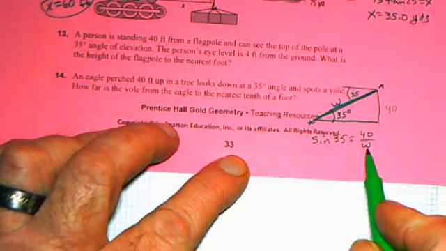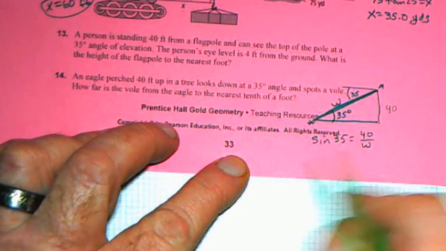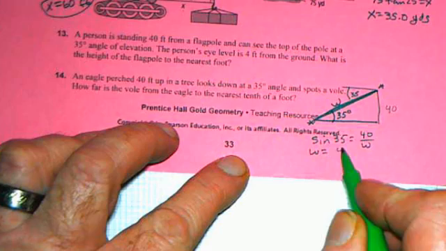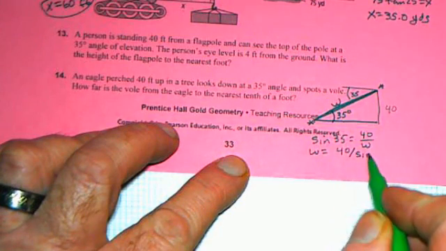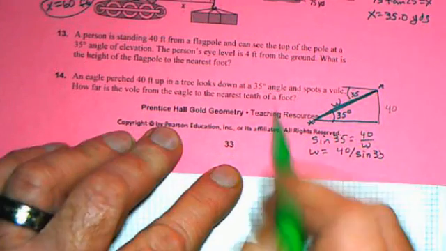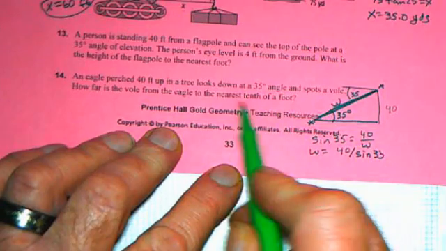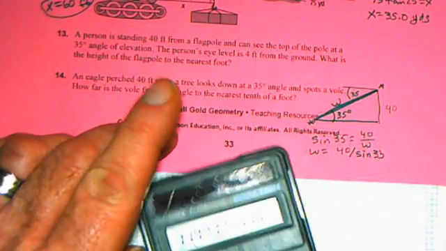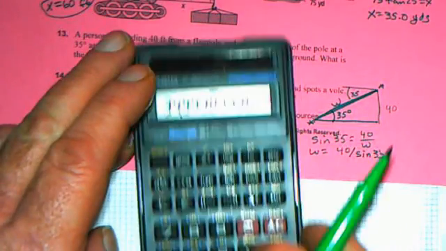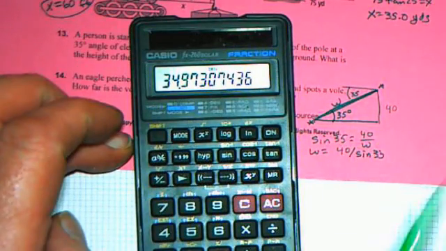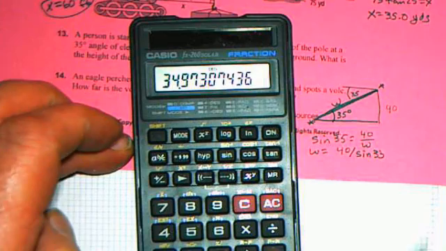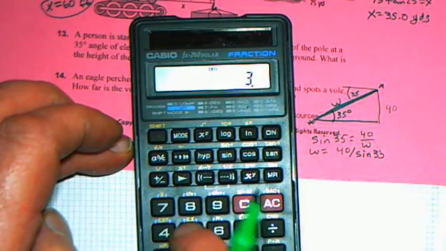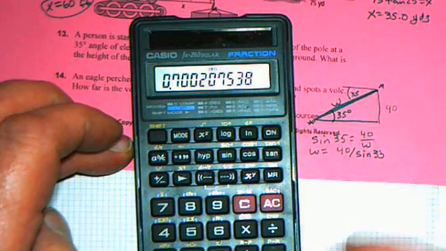Variable in the bottom, switch places. W is going to be 40 divided by sine 35. And the units are going to be rounded to the nearest tenth of a foot. So let's bring the calculator over, and we want to do 40 divided by sine of 35. Oh, hit tangent.